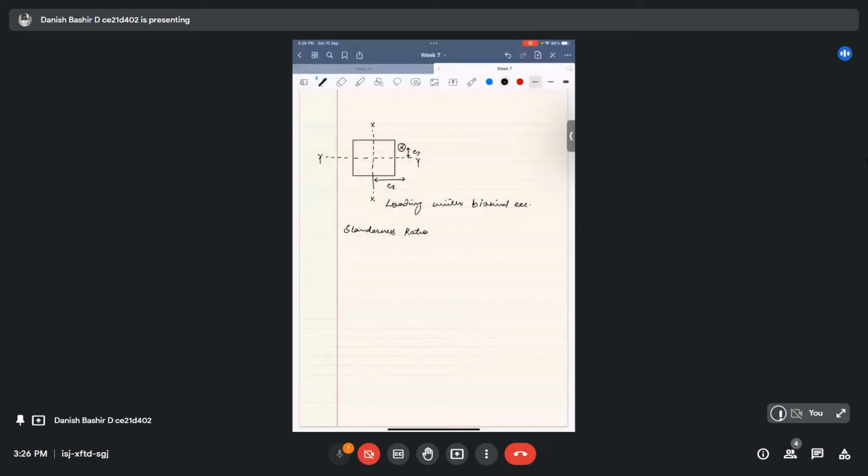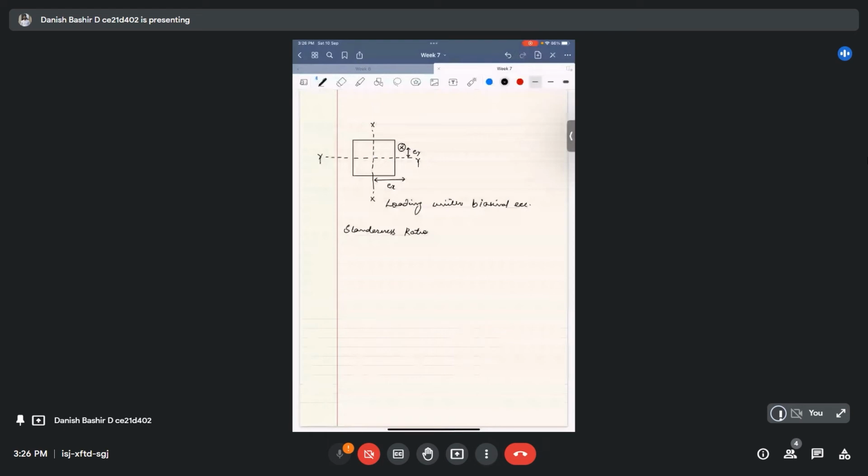If our slenderness ratio is very large, because it's effective length divided by lateral dimension, it means that its effective length is large and lateral dimension is very small.